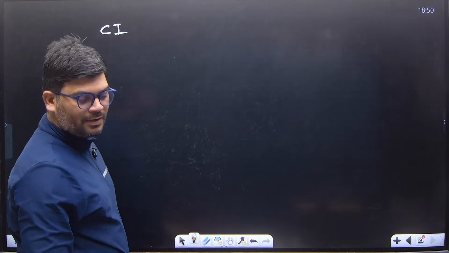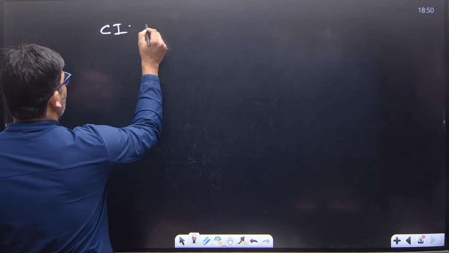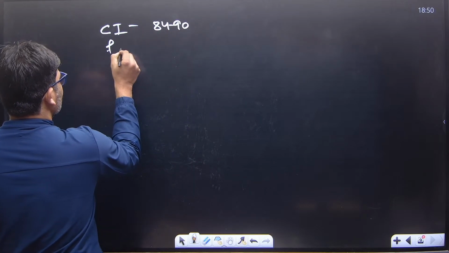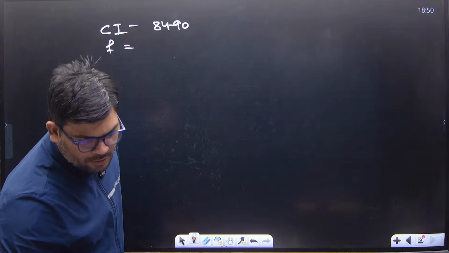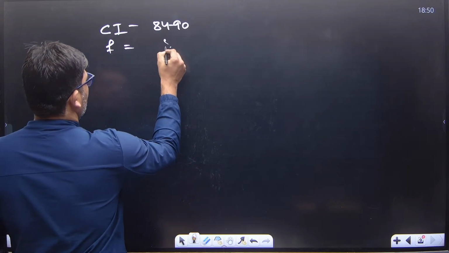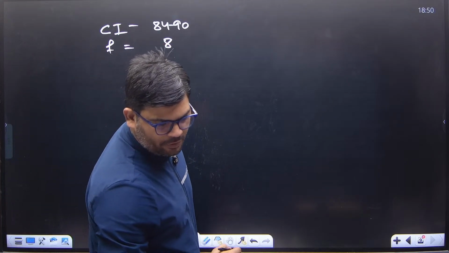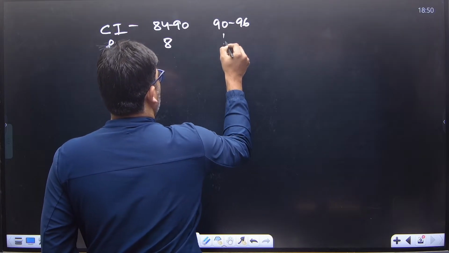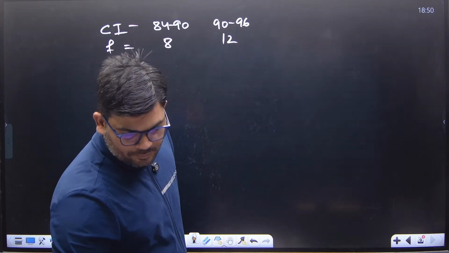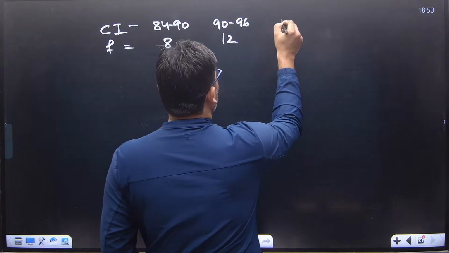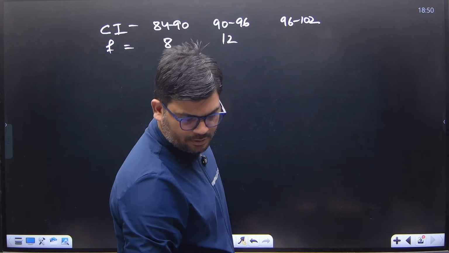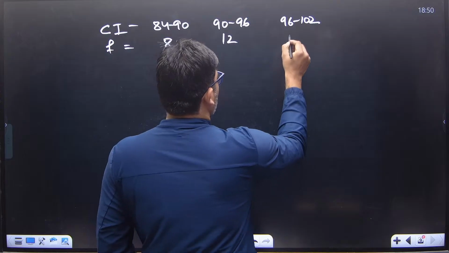So class interval is given to you that from 84 to 90, the frequency is 8. Then from 90 to 96, it is 12. Then from 96 to 102, it is 15.